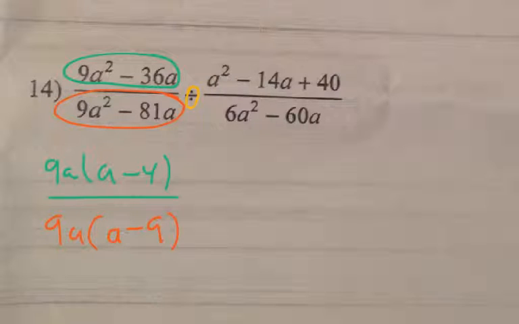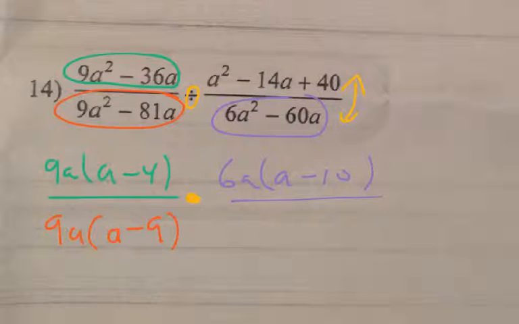The divide right there changes to a multiply because we are going to do the reciprocal here. So the denominator here now is going to be a 6a times a minus 10 on top as the numerator now. And this top numerator is now going to flip down and become the denominator.